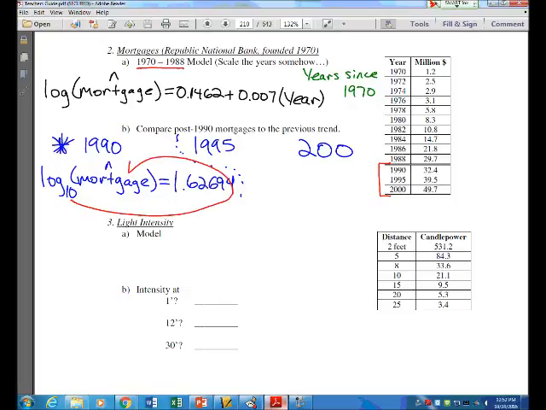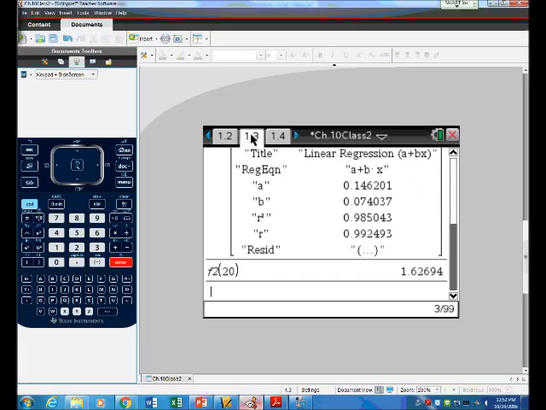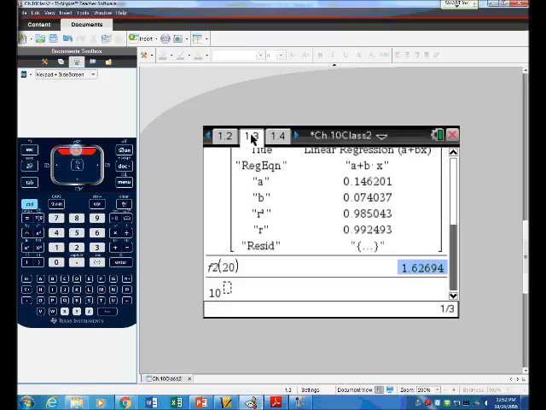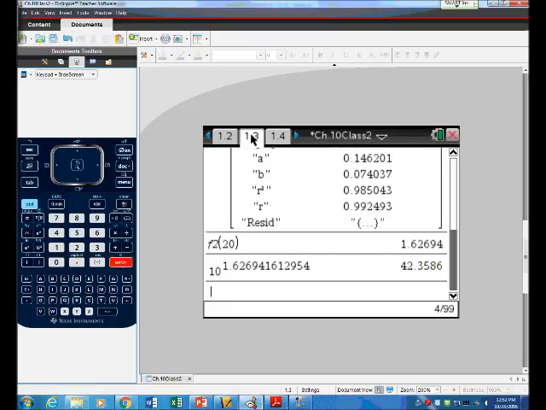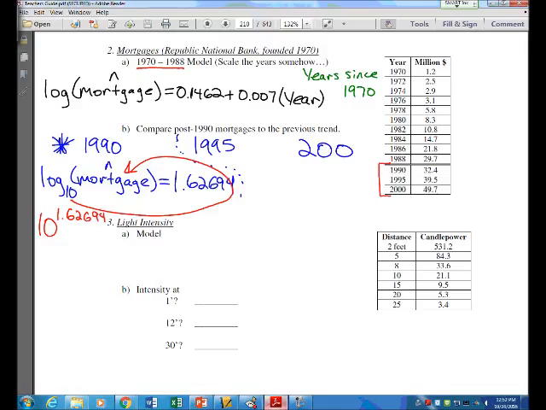So I'm going to write 10 to the power, and if you just scroll up and hit enter on that, it'll put it there in the exponent, and you get a prediction of 42.36 million. So 1990 is 42.36 million. All right, and that makes a little bit more sense considering that it was actually 32.4. It's not exactly correct, but it's more in the ballpark than 1.6 million.